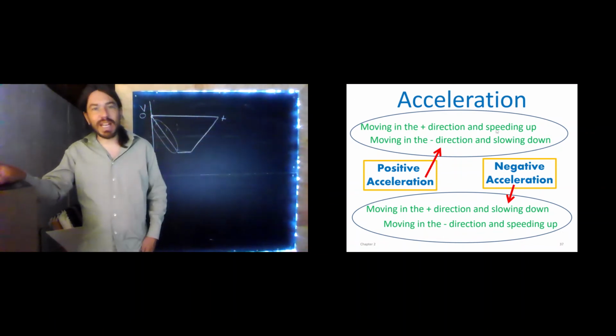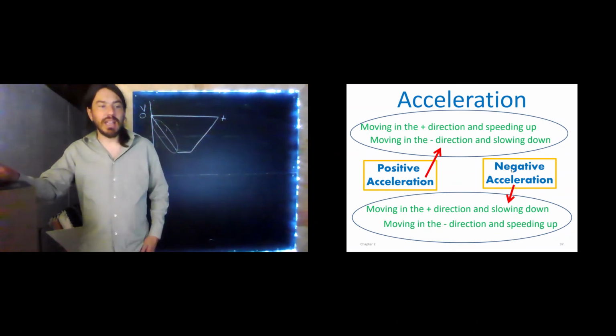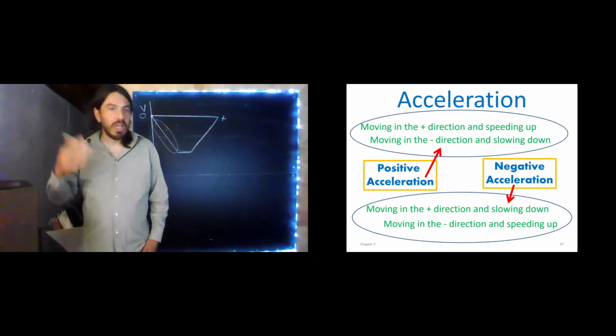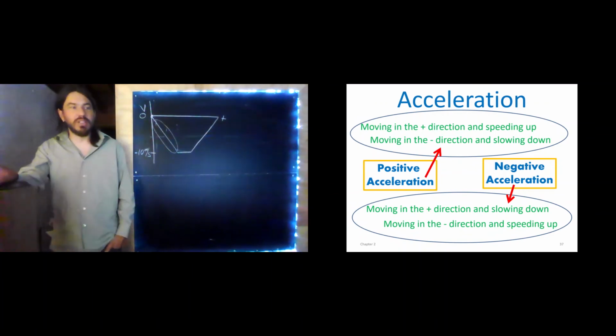So if we think about speeding up as a positive, then a positive and a positive makes a positive. A negative and a negative makes a positive. Whereas a positive and a negative makes a negative, and a negative and a positive makes a negative. Again, this requires us to sort of think of speeding up as positive and slowing down as negative. Okay, if it works for you, roll with it. If not, you'll figure out a different way to organize it in your brain, I'm sure.